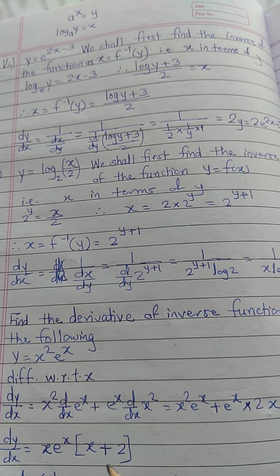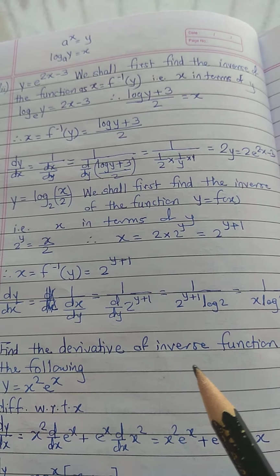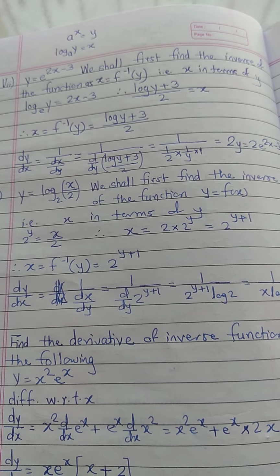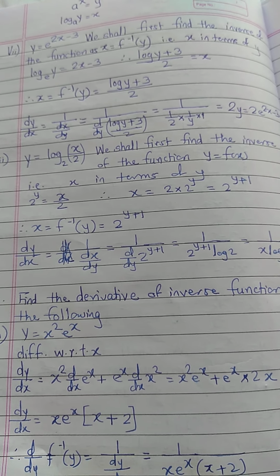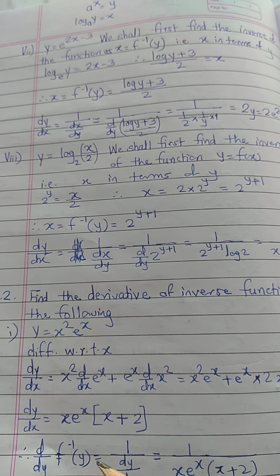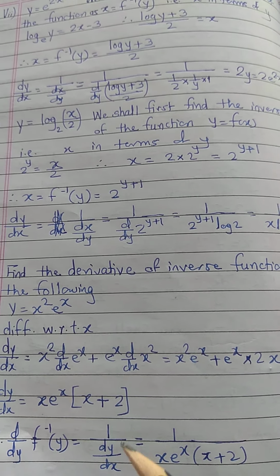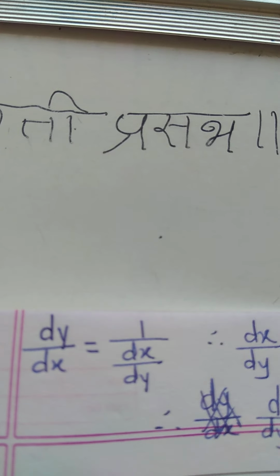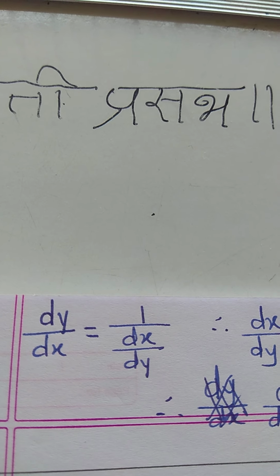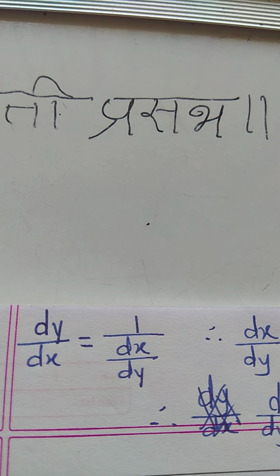Okay. But we have to find out the derivative of inverse function. Derivative of inverse function of y is always 1 upon dy by dx. How is it? See here. So dy by dx is equal to 1 upon dx by dy.